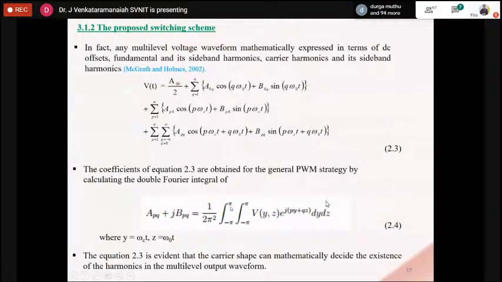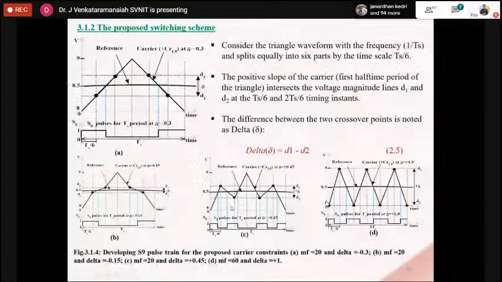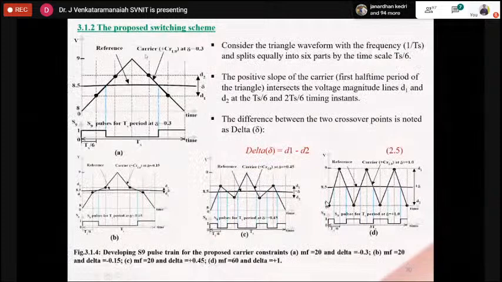We'll go to the carrier waveform generation. It is a simple triangular waveform. We might have used a sawtooth waveform also, but for the time being, I am considering the triangular waveform. This is a triangular waveform at higher frequency, which might be 1 kHz or 2 kHz from the multi-level inverter perspective.